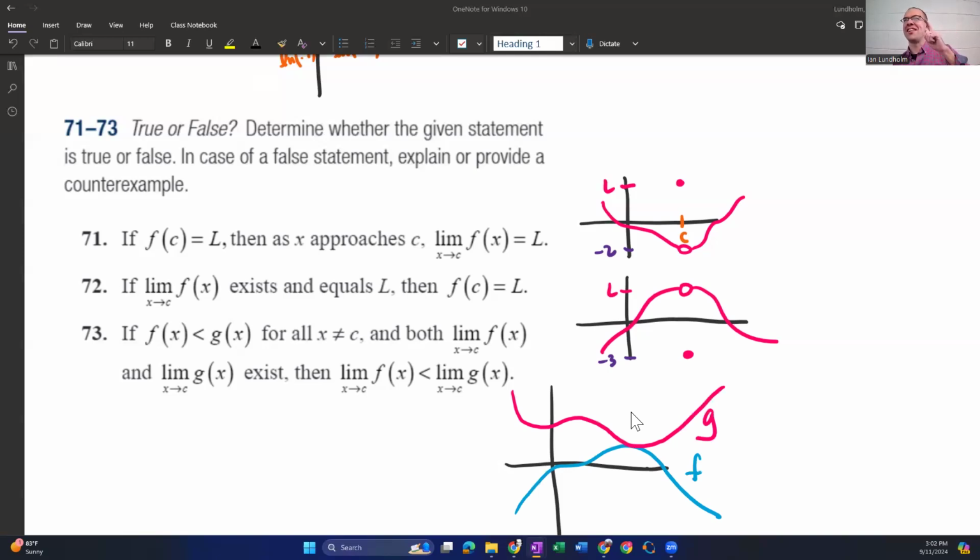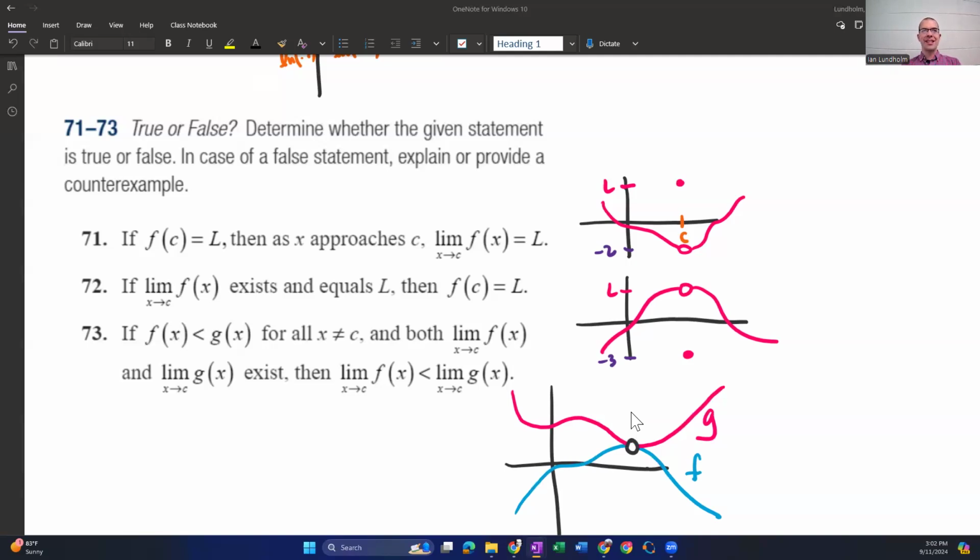Notice I made G touch F once, and that's all you need. Actually, I'm not allowed to make them touch once. So, let me change my eraser so that I can do a small little erasing thing. I did something that was not allowed. But here I'm going to make a hole in both of those functions.